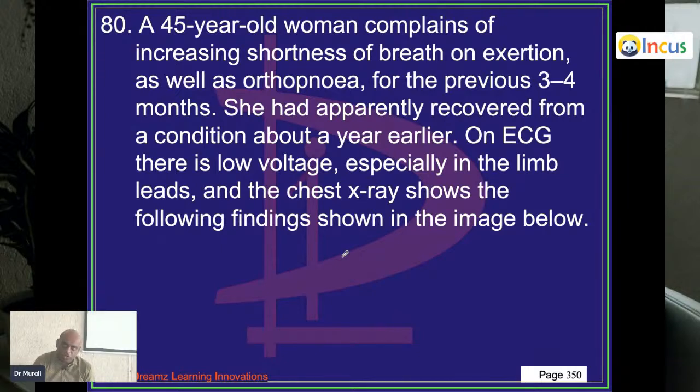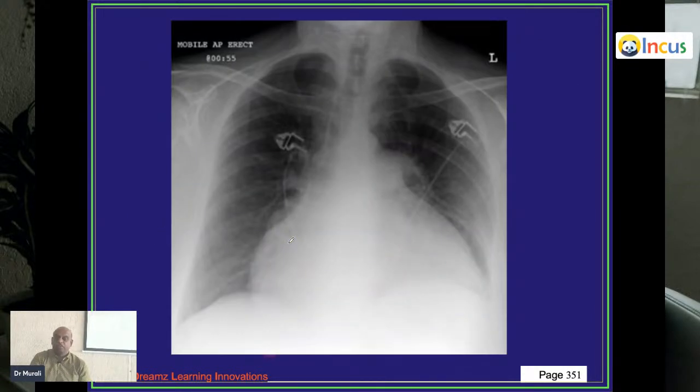A 45-year-old woman, increasing shortness of breath on exertion, orthopnea. There is low voltage, especially in the limb leads. So you are able to see the chest X-ray.